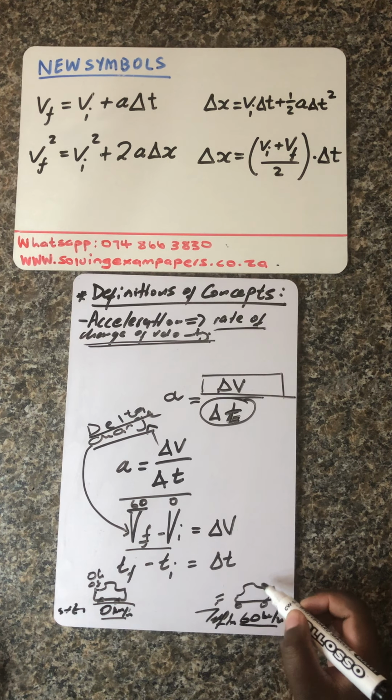So now let's talk a little bit about average speed. So ladies and gentlemen, average speed, in terms of an equation, you can just say V. Remember, ladies and gentlemen, V or S, it represents the speed.